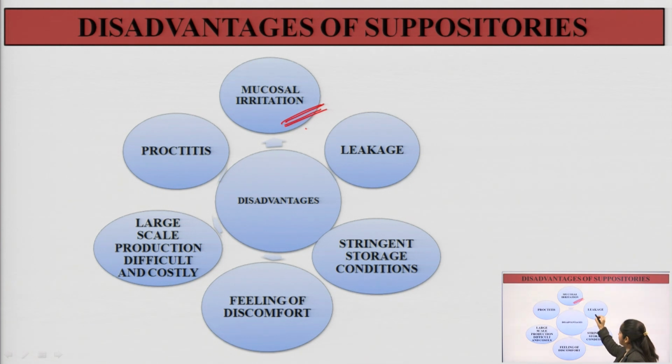Moving on ahead, leakage. Leakage is a very important problem that is really unavoidable, because whenever we make suppositories, they are going to melt in the body cavity, and if they melt, they get converted into a liquid state.